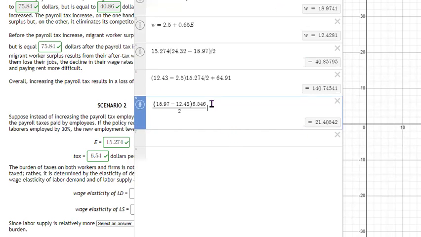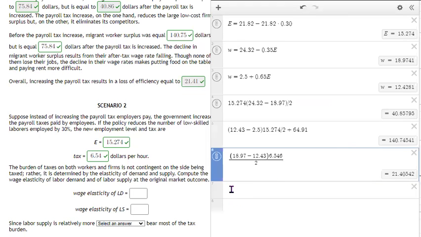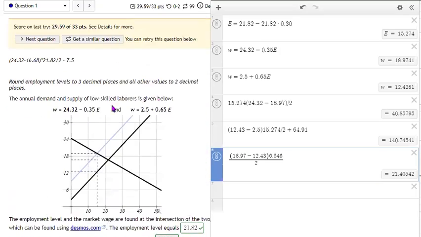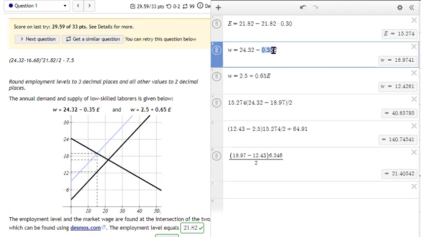Okay, so let's go back here. And remember the elasticity calculation. Since the slope is 0.35 and 0.65, this represents the change in the wage rate over the change in employment level for employers.